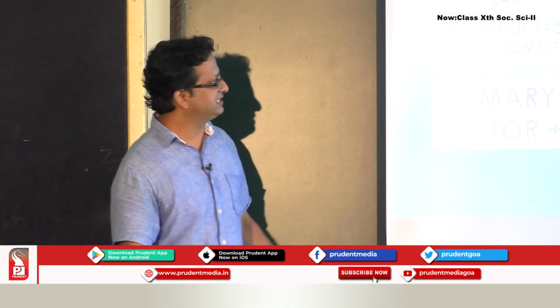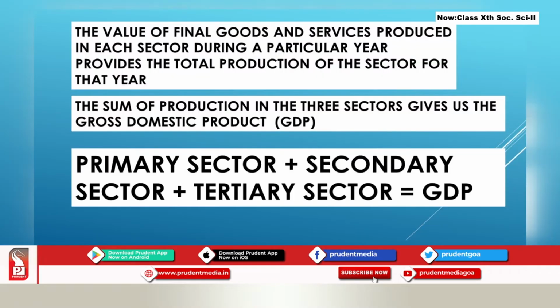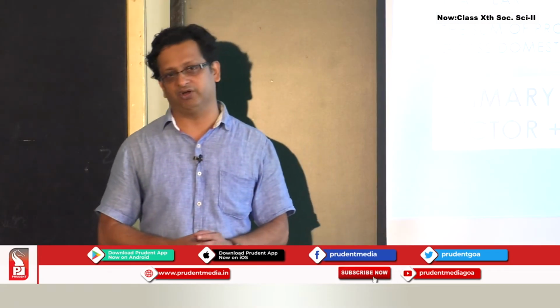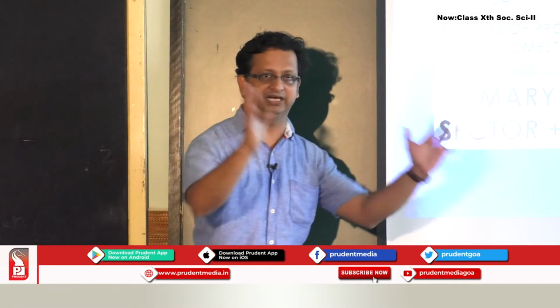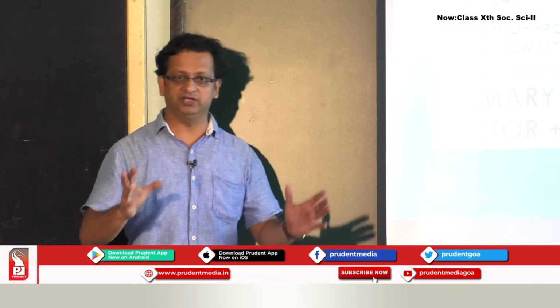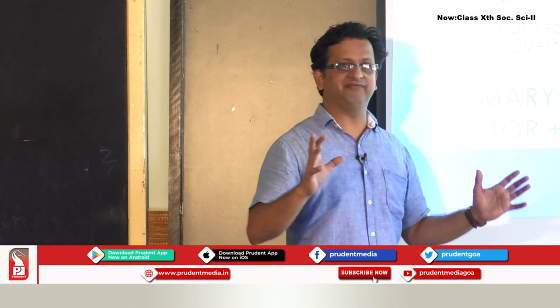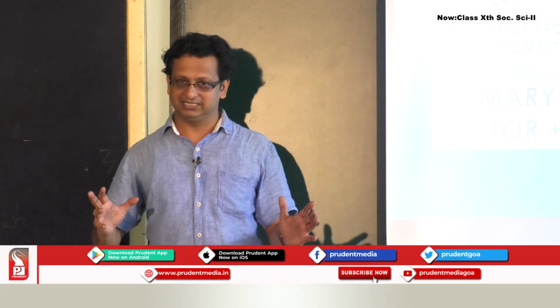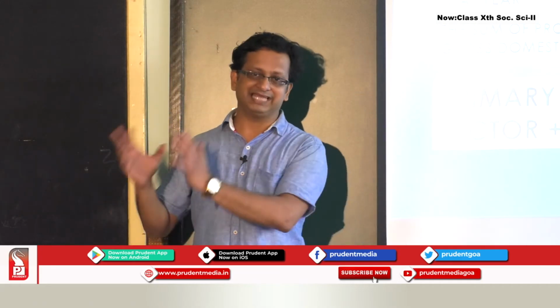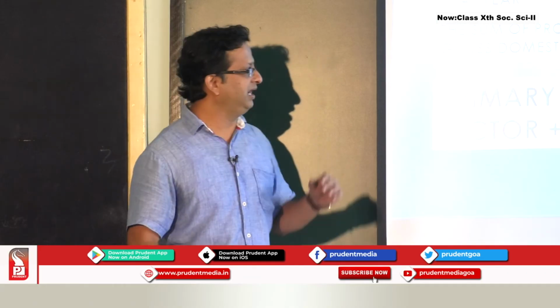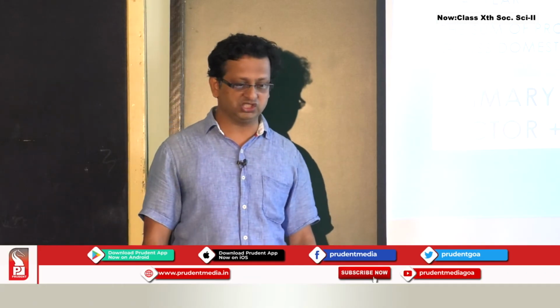So GDP means the sum production in the three sectors of the economy, and it gives us what is called the gross domestic product. So the sum production in all three sectors of the economy in a particular year, the final value of goods and services produced in each sector, and when we add all these values of all three sectors, then we get what is called the GDP or the gross domestic product.